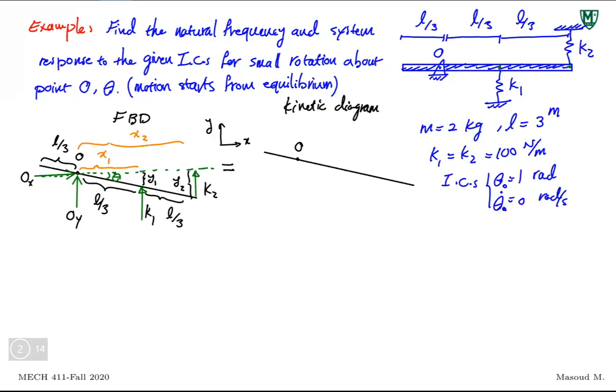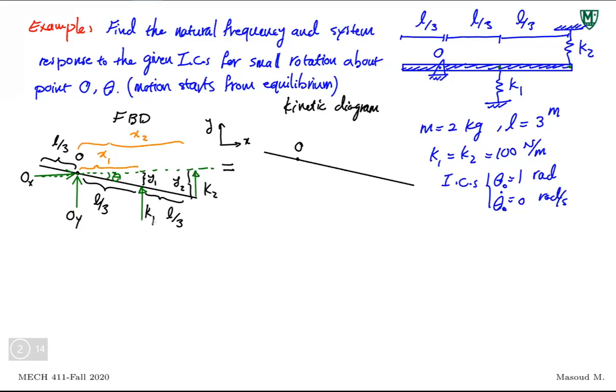Now, theta is the coordinate that I care about, and I want to write everything based on theta. Theta is the rotation. It's the only thing that is happening, the one coordinate that I need to describe this motion. But now I have Y1 and Y2. Okay, let me complete this.